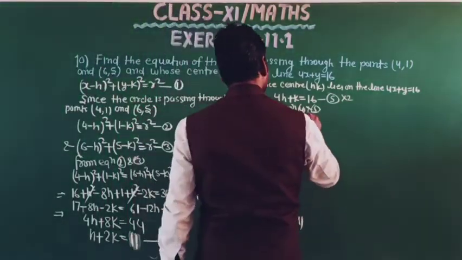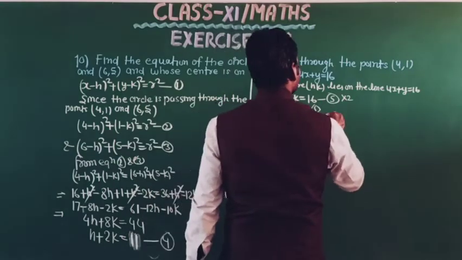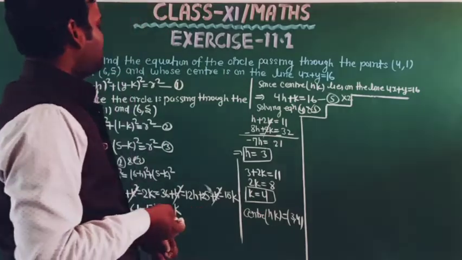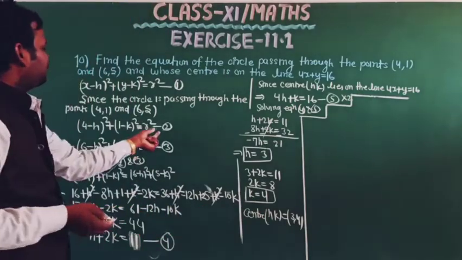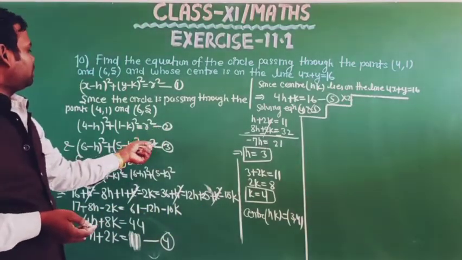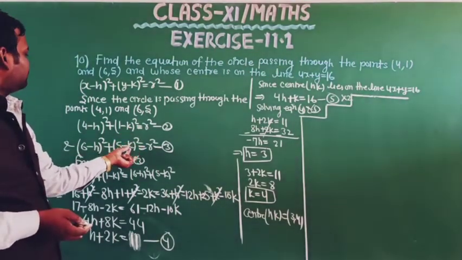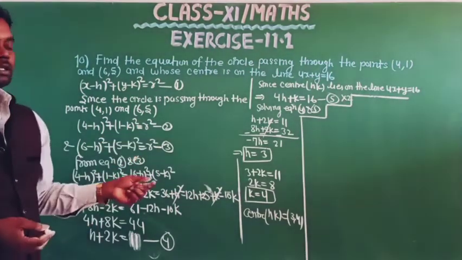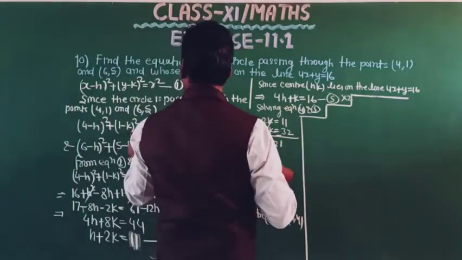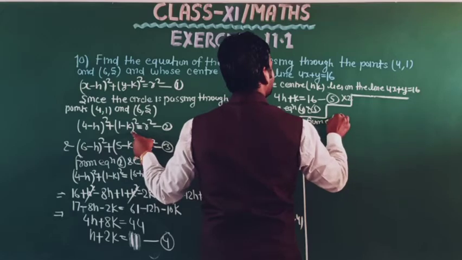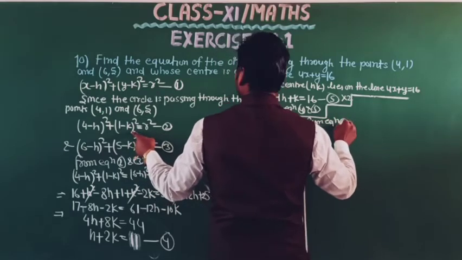Now substituting the values of h and k in equation 2 or 3, we have to find the radius. So from equation 2, this is (4 - 3)² + (1 - 4)² = r².